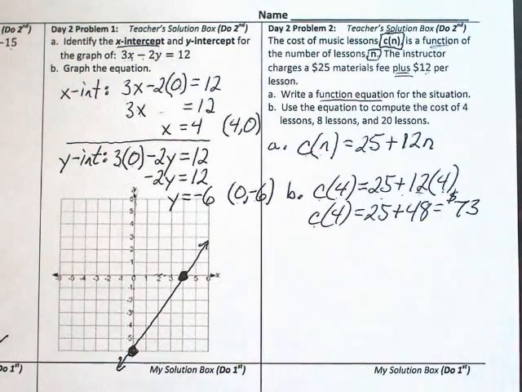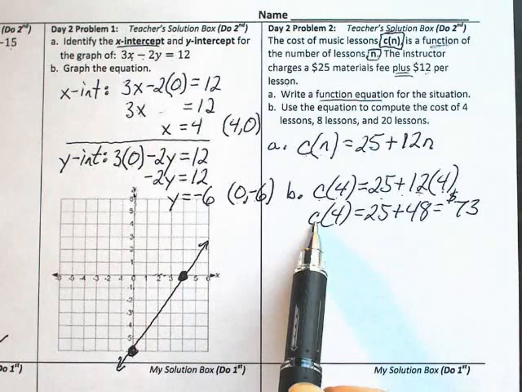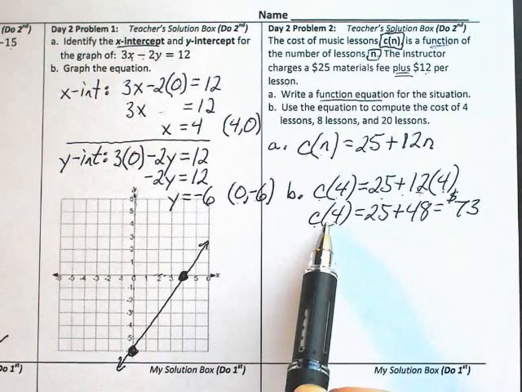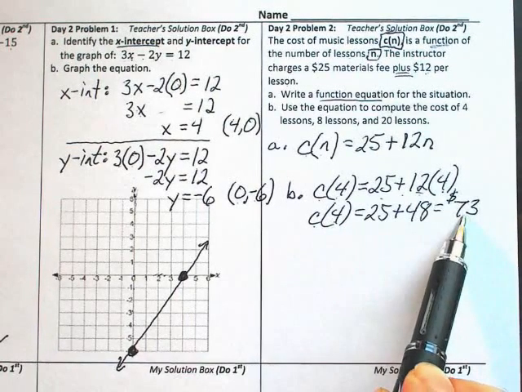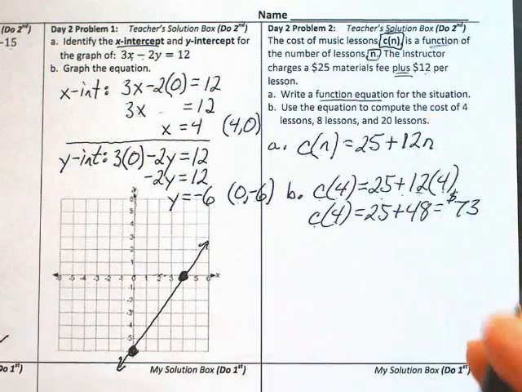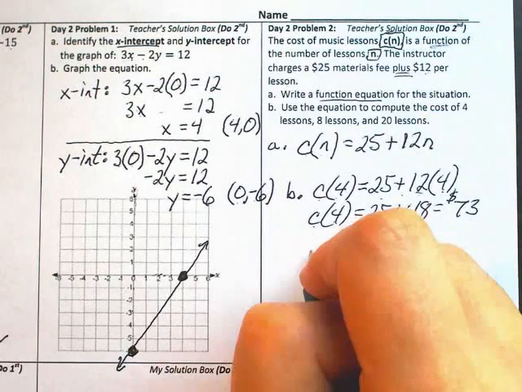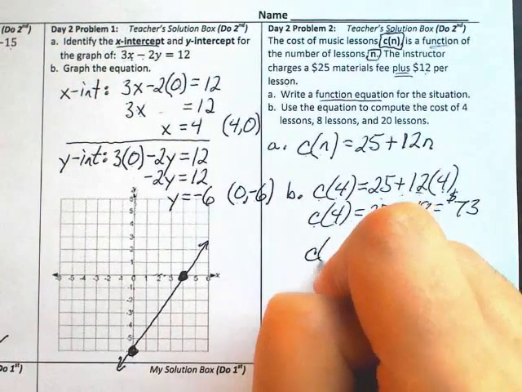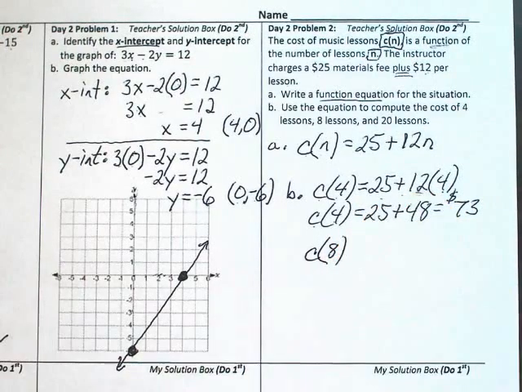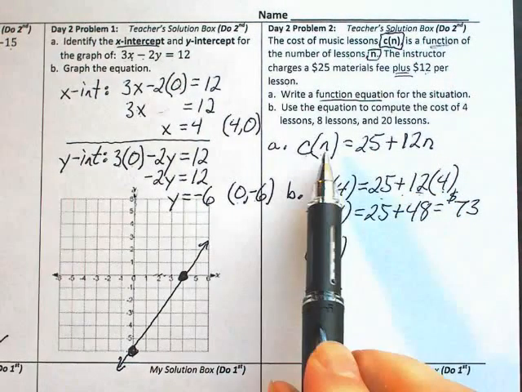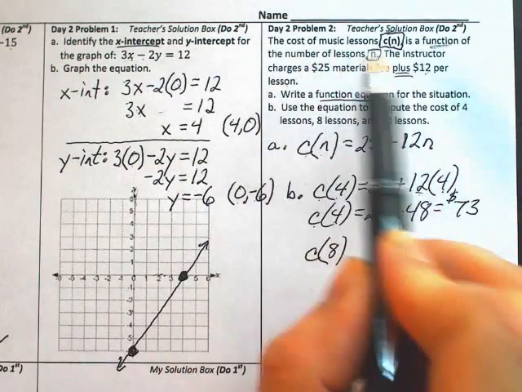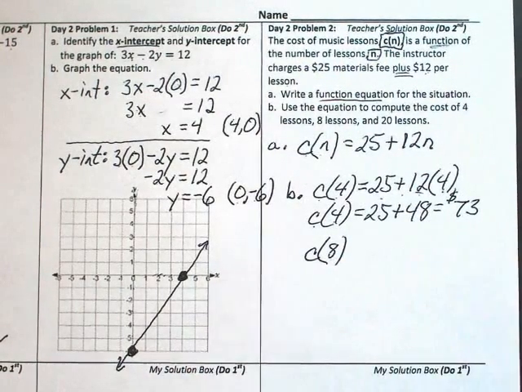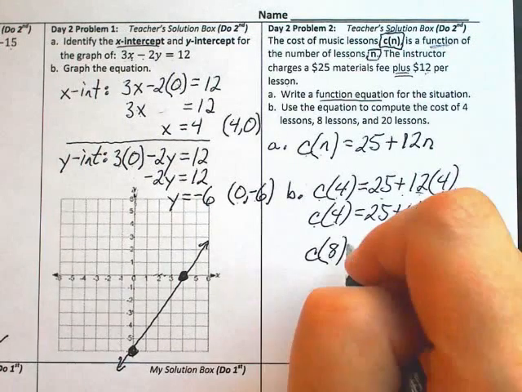$73. Okay? So we have figured out that C of 4, which means the cost of 4 lessons, is equal to $73. Now we're also asked to figure out what is the cost of 8 lessons. So in function notation, we could write that as C of 8, where we are replacing the letter n, which is representing the number of lessons, with 8, because we're interested in what is the cost of 8 lessons.